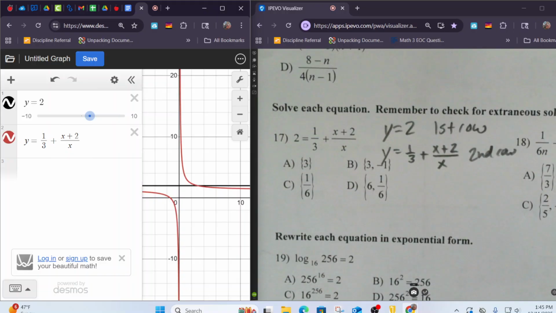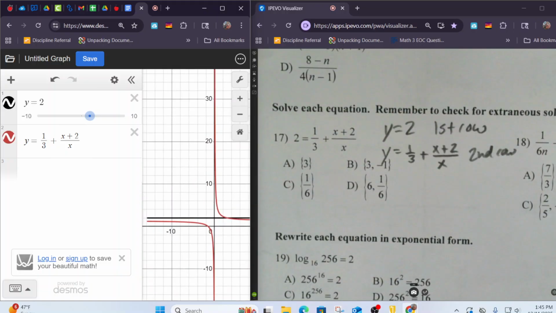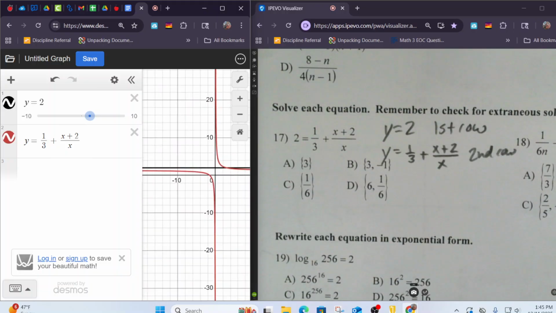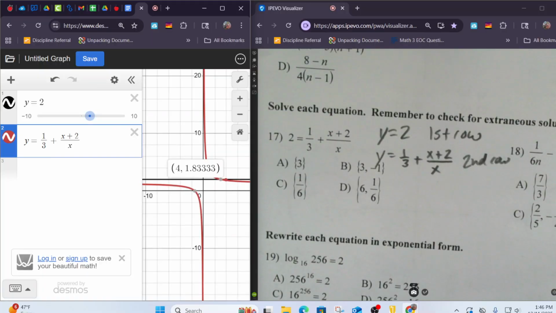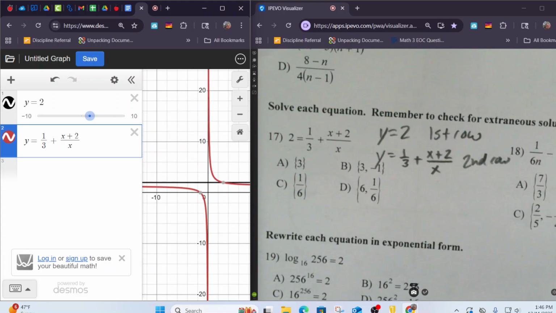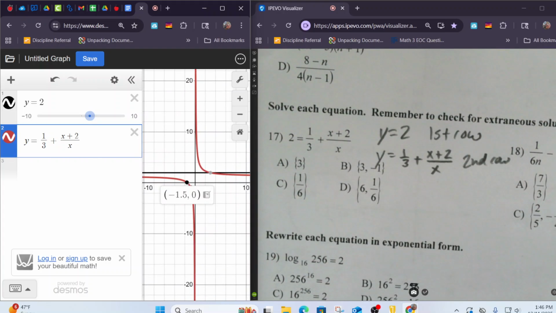All right. Now, guys, if you're doing an equation trying to find the answer, what are you looking for on the graph? Where they intersect. All right. I've got a single intersection at 3. Guys, that's the next intercept. You're not looking there. So where they cross is 3, 2.